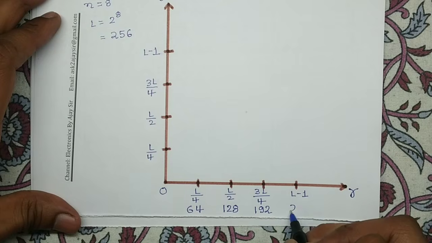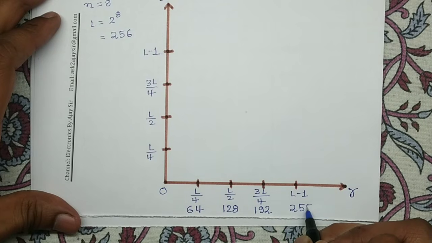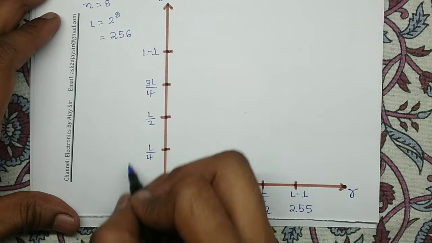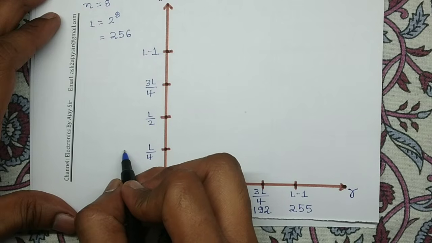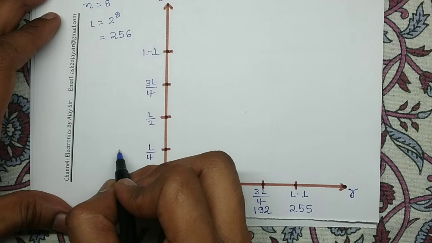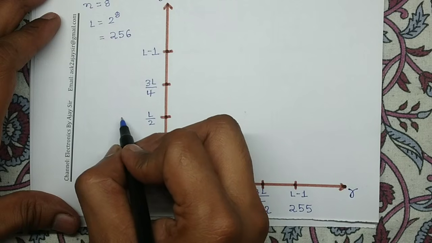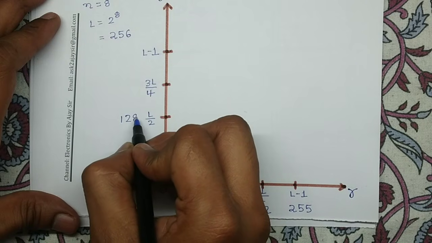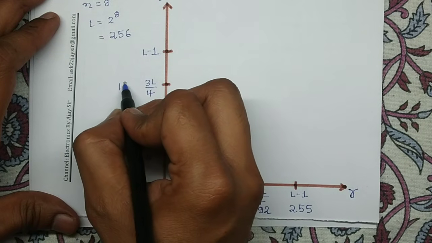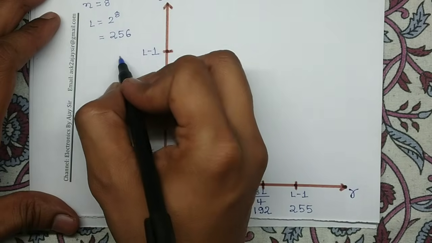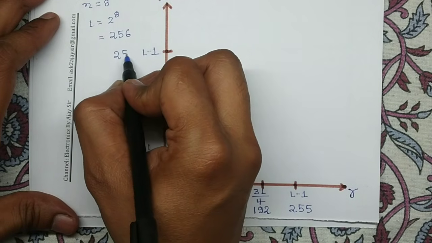And L minus 1 is equal to 255. Similarly, we will write along y-axis L by 4. If L is equal to 256, L by 4 is 64. L by 2 is 128. 3L by 4 is 192 and L minus 1 is 255.